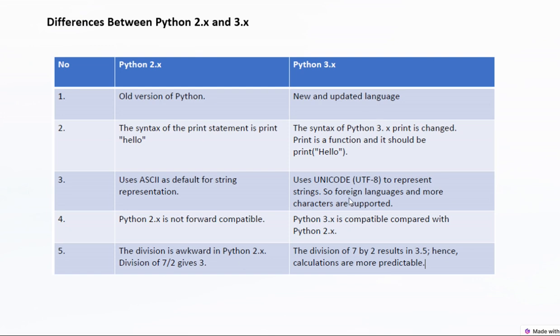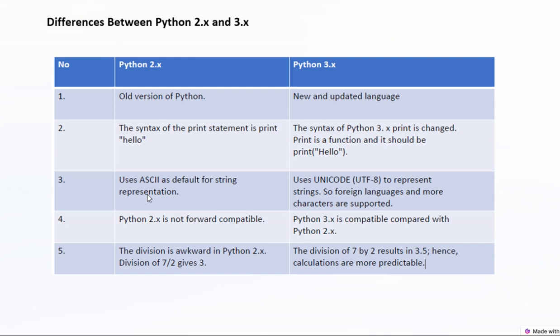Let's see the difference between the Python 2.0 version and the Python 3.0 version. Python 2.x is actually the older version of Python, and the new and updated version is 3.x. Regarding syntax, in Python 2 the print statement is just print and hello. But in Python 3, you have to give it within parentheses, print hello within parentheses, because print is actually a function.